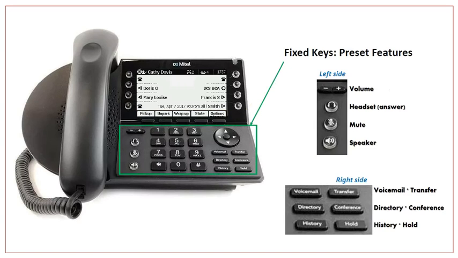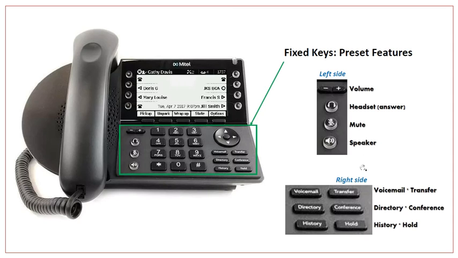On the fixed keys, there are options available on the left and right of the keypad. As we've already discussed, these options are fixed, so they cannot be changed. On the left-hand side, you will see that you have a volume, a headset, which allows you to answer calls with a headset if you're using one, a mute key, and a speaker key.